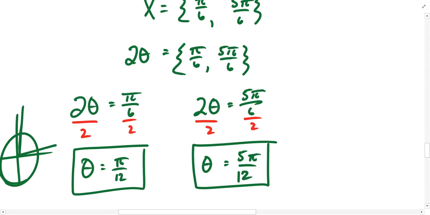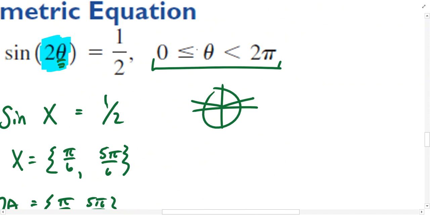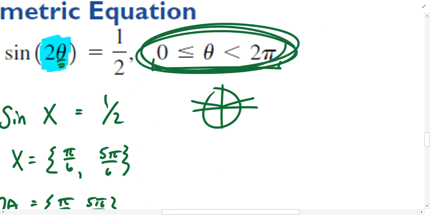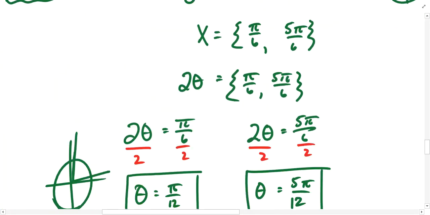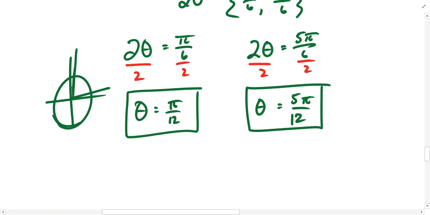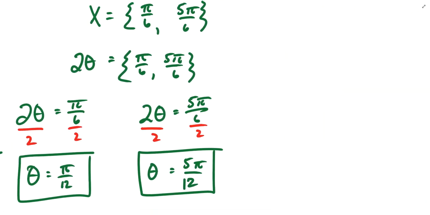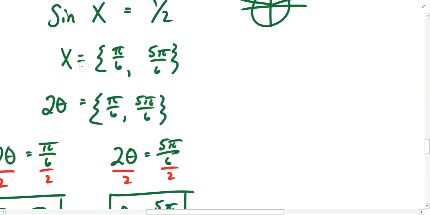Those aren't the only solutions to this equation that exist in this domain. We didn't see them yet, but there are going to be 2 more. And let me see if I can make that argument this way. I'm going to jump back to this x line for just a second. So certainly not only did pi over 6 and 5 pi over 6 represent solutions, but we could have also extended this as well.